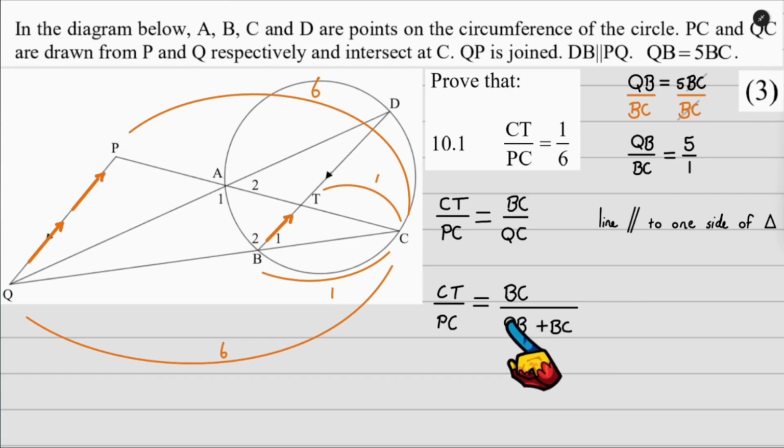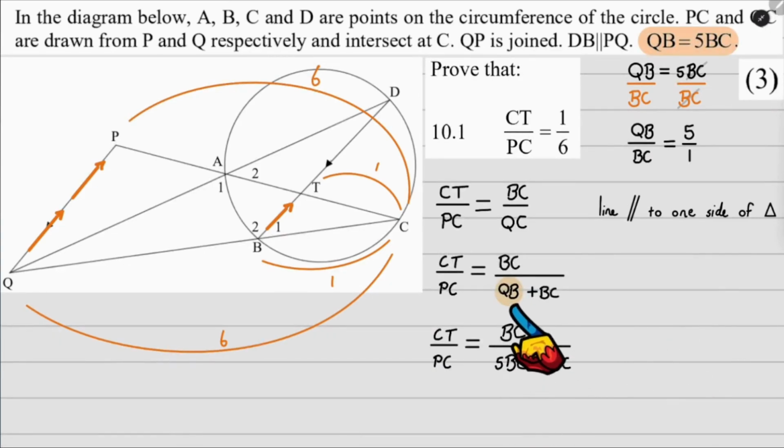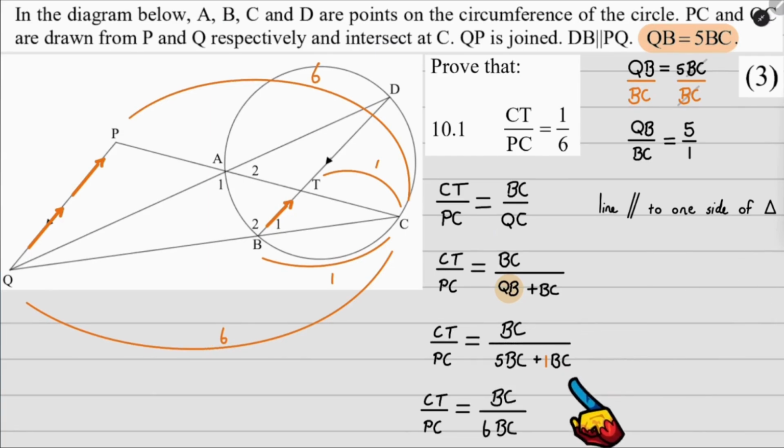So I'm going to swap QB to 5 BC, just like that, because they are equivalent. They did tell us that in the question. And 5 BC plus BC, if there's no number in front here, it's a 1. And 5 BC plus 1 BC is 6 BC. And then finally, the BCs will cancel over here. And if everything from the top cancels, there's a 1 left over.